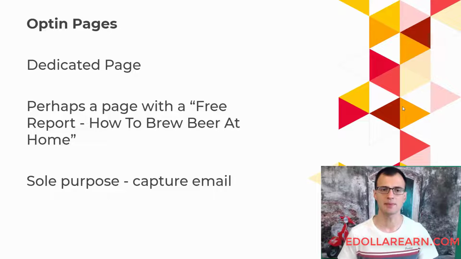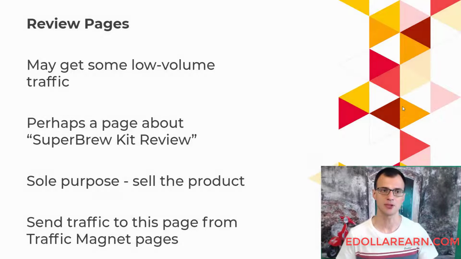So an example would be perhaps a page with a free report, how to brew beer at home. This page by itself will never get traffic from Google, but you can link to this page from the traffic magnet pages. The next type of page is a review page. It's kind of like a mix between a money page and a traffic page.